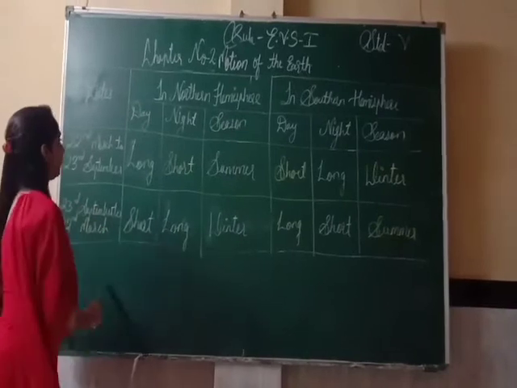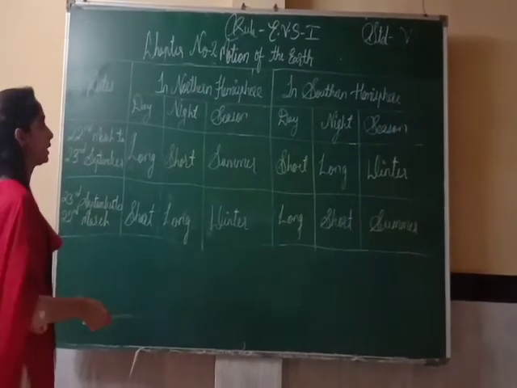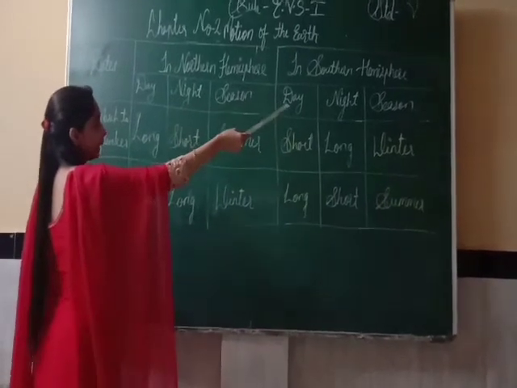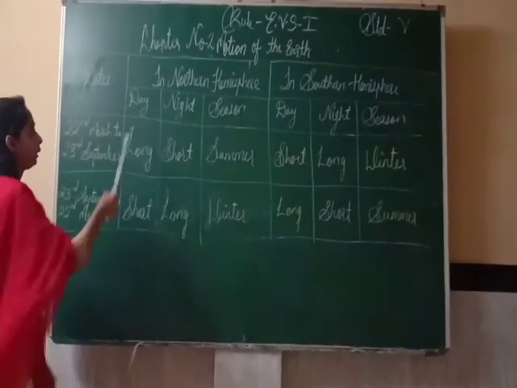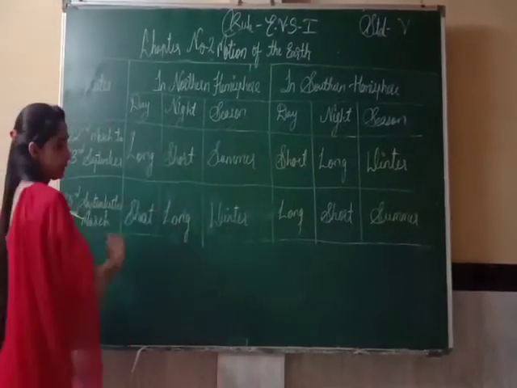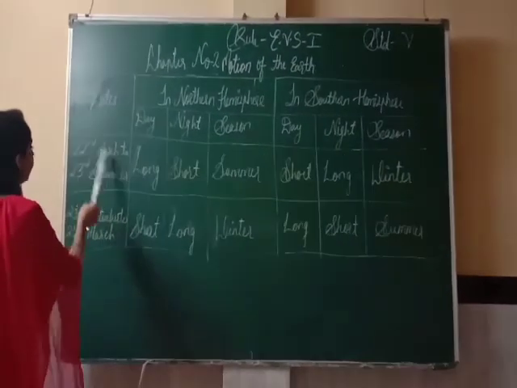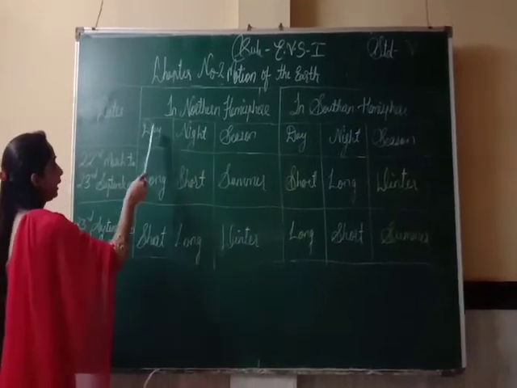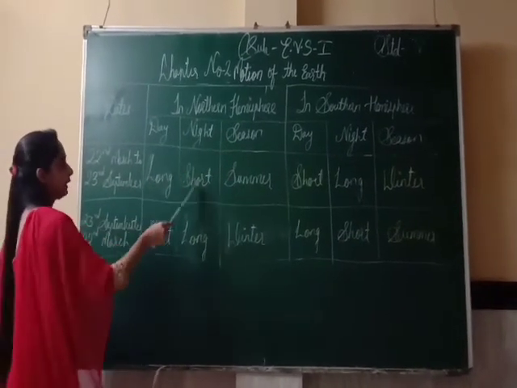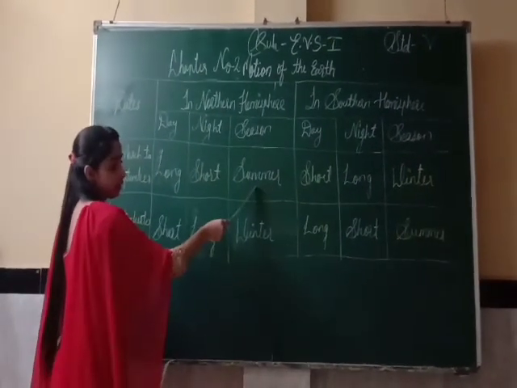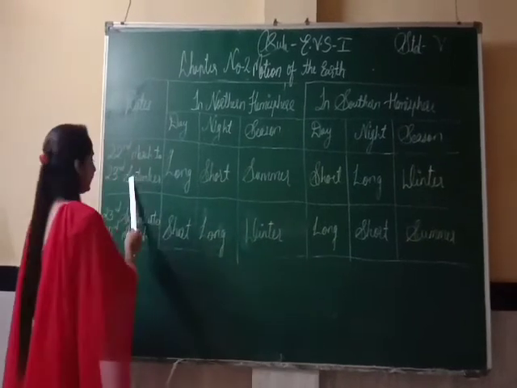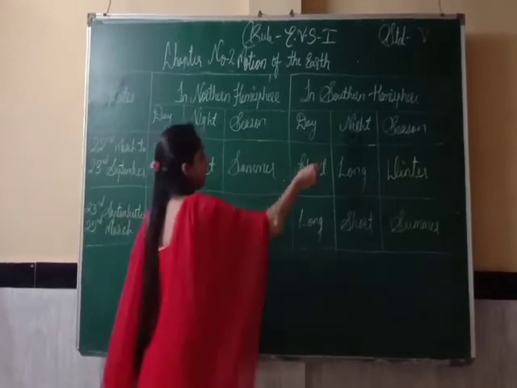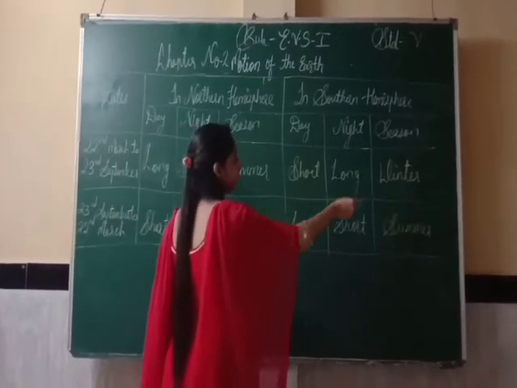See this table. In this table, we can see dates, northern hemisphere, southern hemisphere and how they calculate day, night or season. See, from 22nd March to 23rd September, in the northern hemisphere, day is long, night is short and season is summer. Whereas on the same days in the southern hemisphere, day is short, night is long and season is winter.